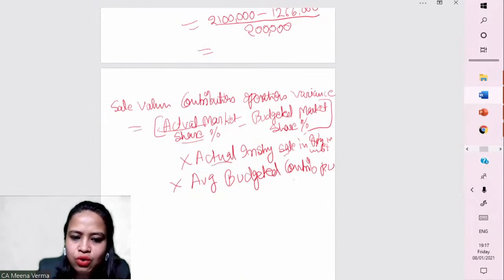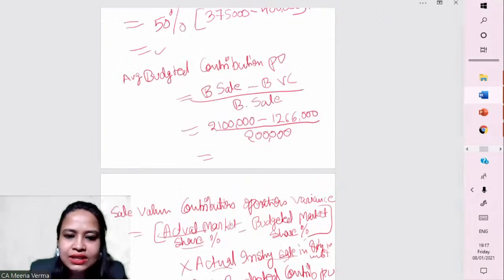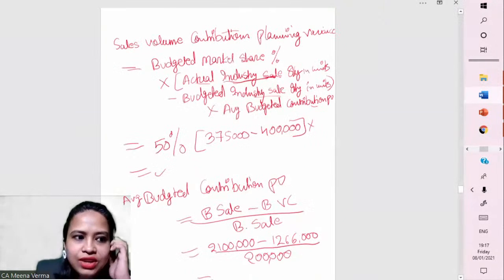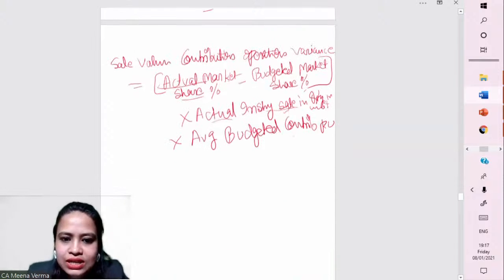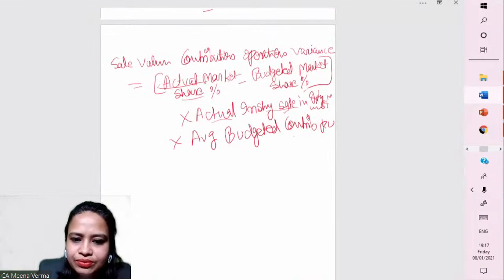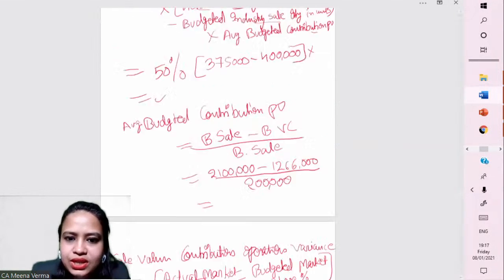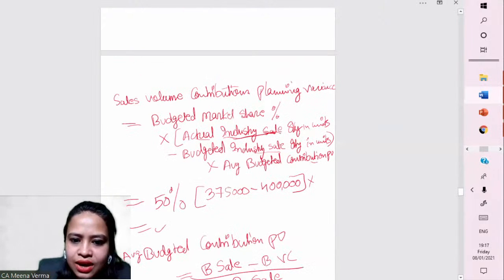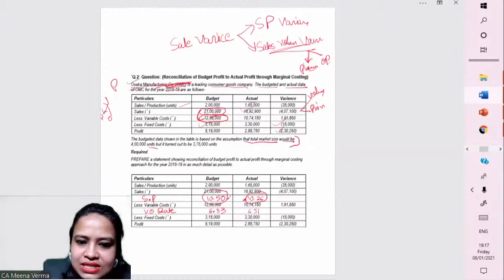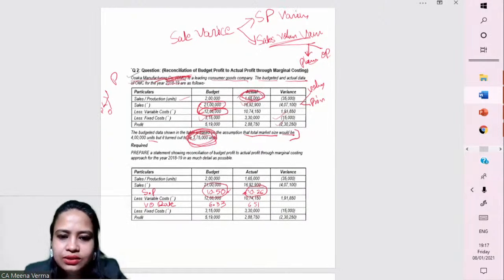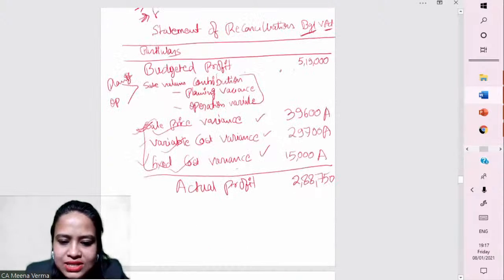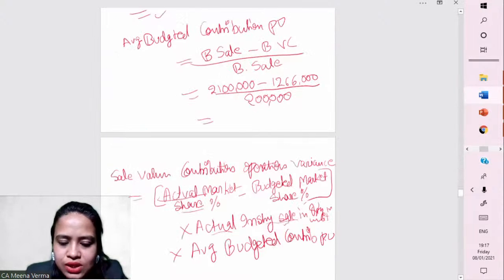What is the actual industry sale? See in the question, you can see. Industry sale is this, company sale is this. This is the actual industry sale. So 3,75,000 is the actual industry sale.